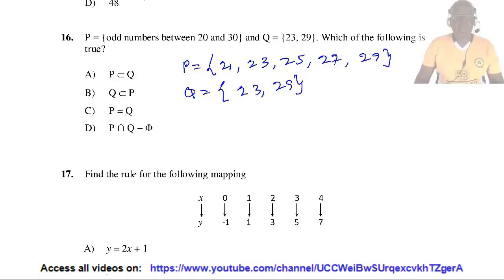Now A, P is a subset of Q. P cannot be a subset of Q, so A is wrong. P equals Q. P cannot be equal to Q, so C is wrong. P intersection Q equals a null set. This is also false. The right answer is Q is a subset of P. That is, 23 and 29 are contained in P.